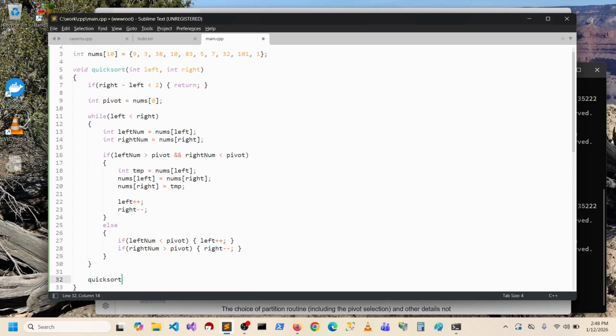Let's see, Quicksort. It'll be what, left? Wherever they meet at. So what would that be? 0 to right?